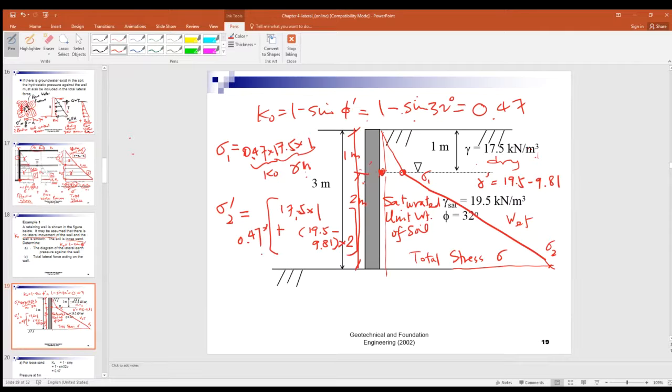That is the vertical stress times the K naught. 0.47 is the K naught. Now that gives you sigma 2.